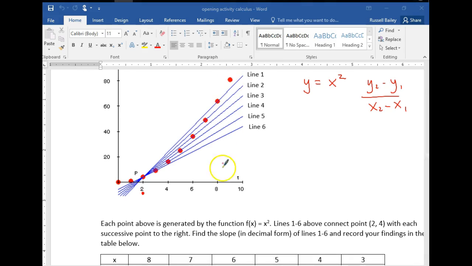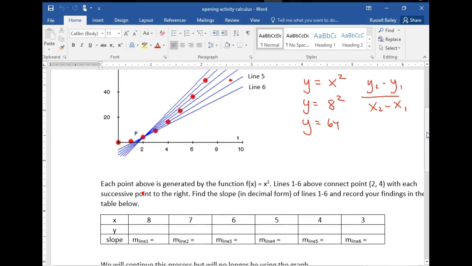The x value for that one is going to be 8. Which means that y equals what? Okay, so I'm going to come down here to my table, and when x equals 8, y is 64, right? So I've got a point of (8, 64), correct?